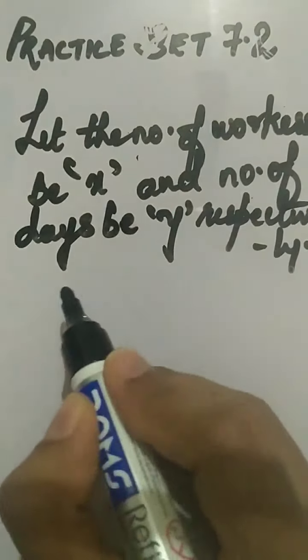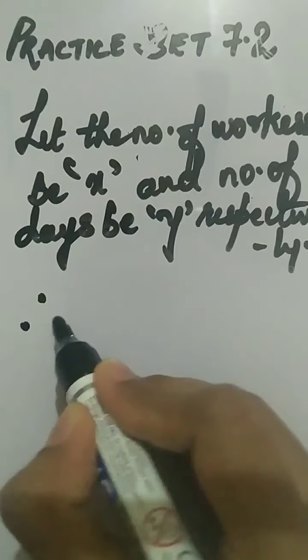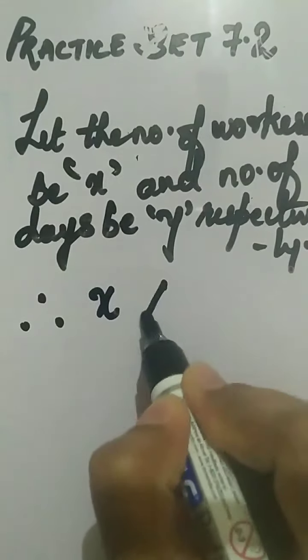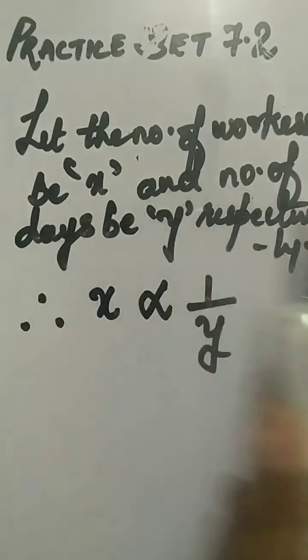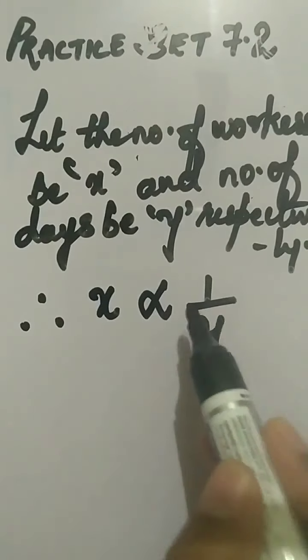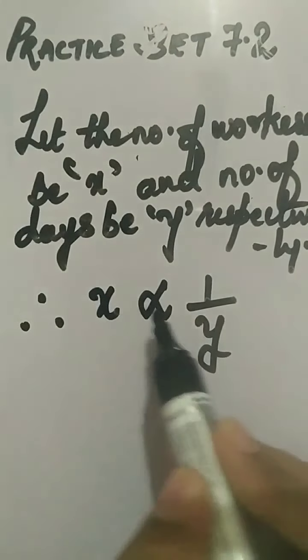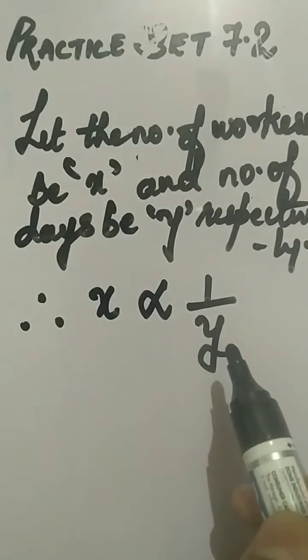After that, what is the relation? Which type of variation? So you will write, therefore x varies inversely to y. That is inverse variation. You will never read it as 1 upon y, children. X varies inversely to y.